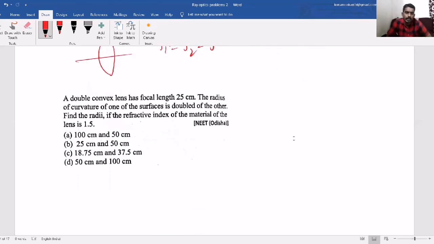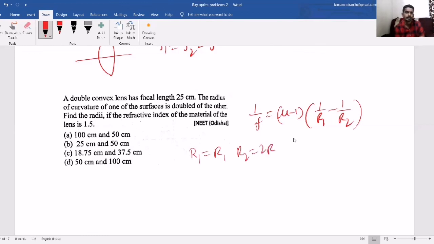Now, a double convex lens has focal length 25 centimeter. The radius of curvature of one of the surfaces is double that of the other. Find the radii if the refractive index of the material of the lens is 1.5. So let's take the general formula: 1 by focal length equals mu minus 1 into 1 by r1 minus 1 by r2. As it is a double convex lens, let's take r1 equal to r, then r2 is 2r.